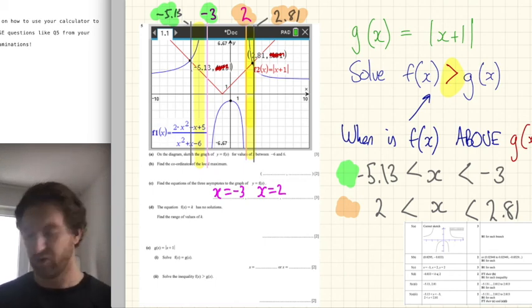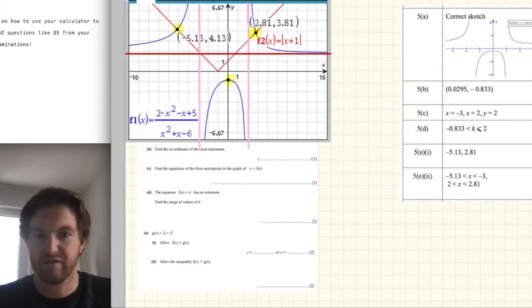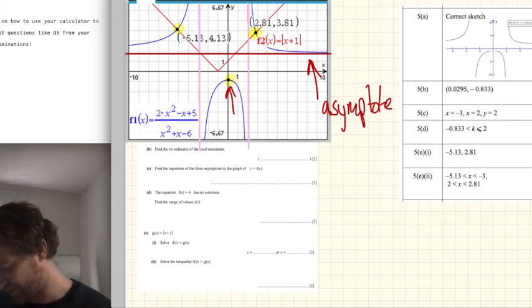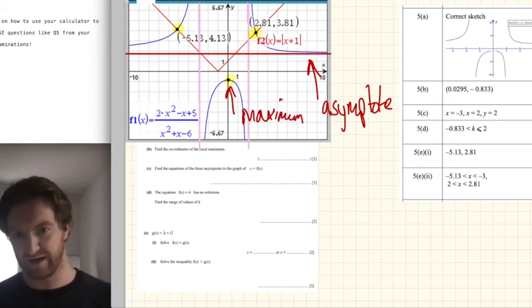So, to summarize, what are the things we've done with the graph? Well, I've tried to put it all together in one information. You can see that you can do asymptote questions. I can never spell asymptote. We can do maximum, and obviously we can also do minimums as well. It's the same method, just in reverse. So instead of clicking maximum on the calculator, you click minimum.